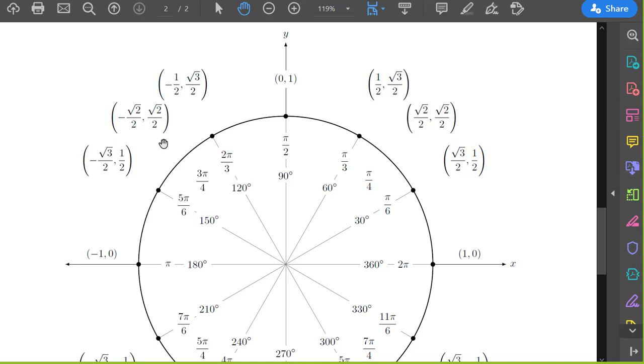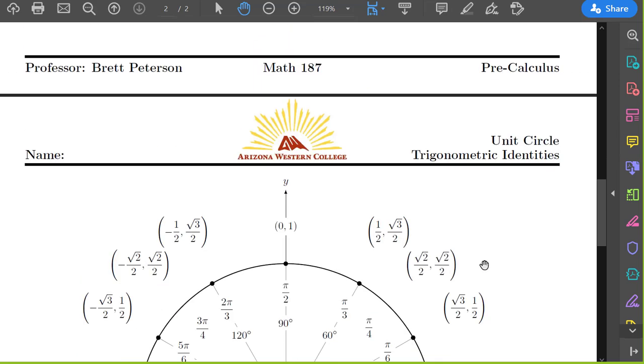So if we're ever asked to find the exact value of something, we have to get it in terms of radicals, not just a calculator approximation. If you just punch 5 pi over 12 into your calculator, it'll give you a decimal approximation, but that will get marked wrong because it is not the exact value.